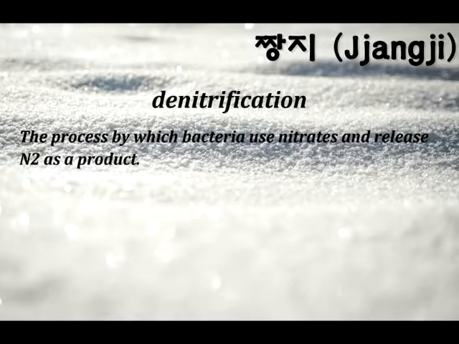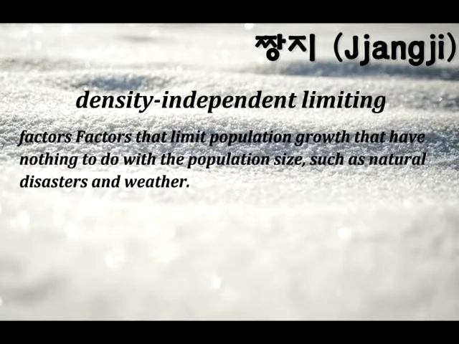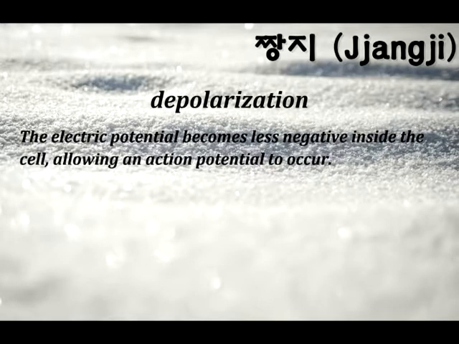Denitrification: the process by which bacteria use nitrates and release N2 as a product. Density-independent limiting factors: factors that limit population growth that have nothing to do with the population size, such as natural disasters and weather. Depolarization: the electric potential becomes less negative inside the cell, allowing an action potential to occur.